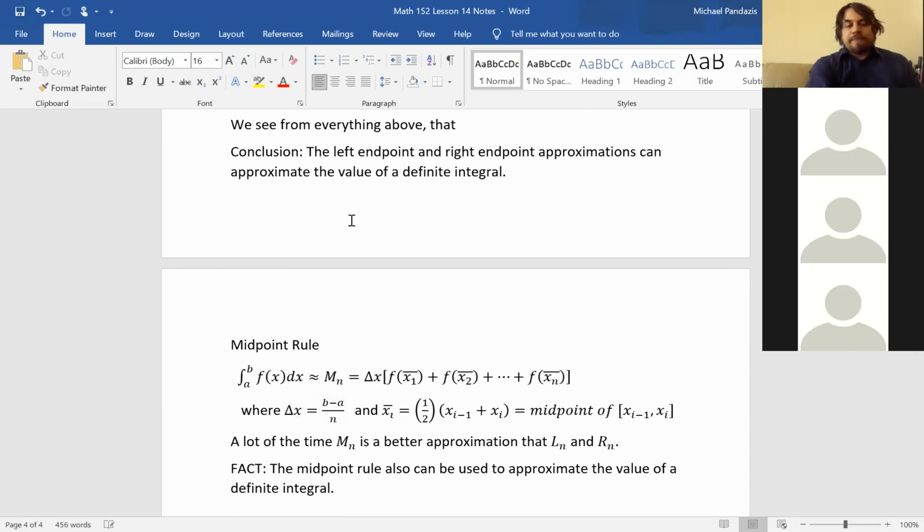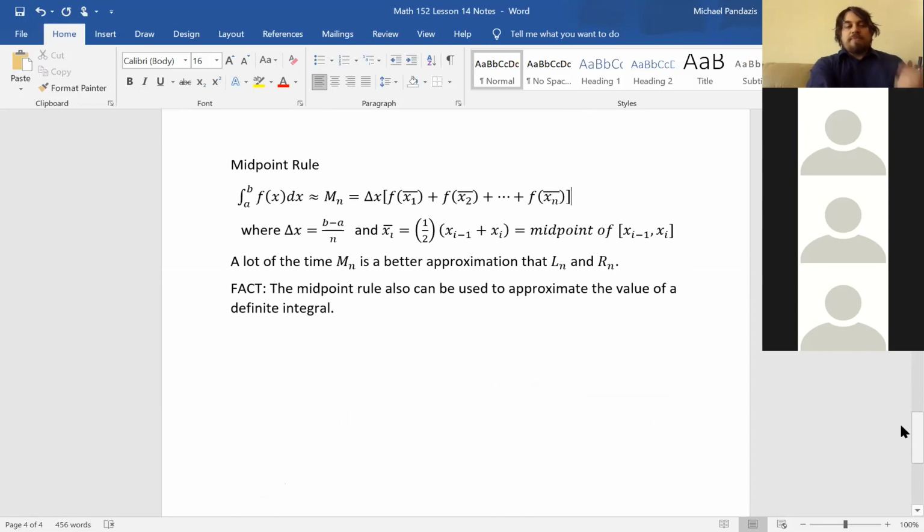It's approximately this. All right, and so that's another approximating method. We have three approximation methods so far: the left endpoint approximation, the right endpoint approximation, and the midpoint approximation. So the midpoint rule or approximation can also be used to approximate the value of a definite integral.